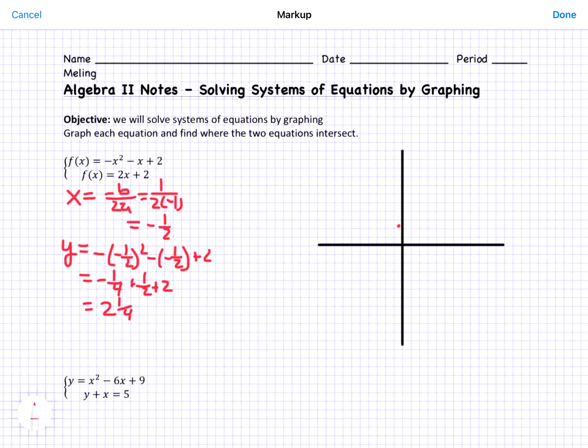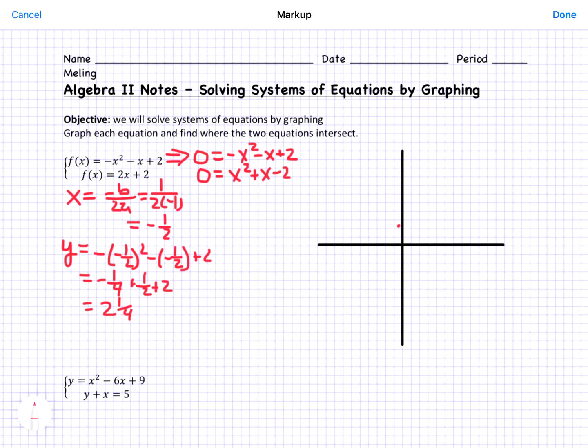And then for this one, I'm going to factor it and solve, finding where it hits the x-axis. So I want to find my intercepts. I'm setting it equal to 0: negative x squared minus x plus 2. I'm going to divide by negative 1, so I've got x squared plus x minus 2.